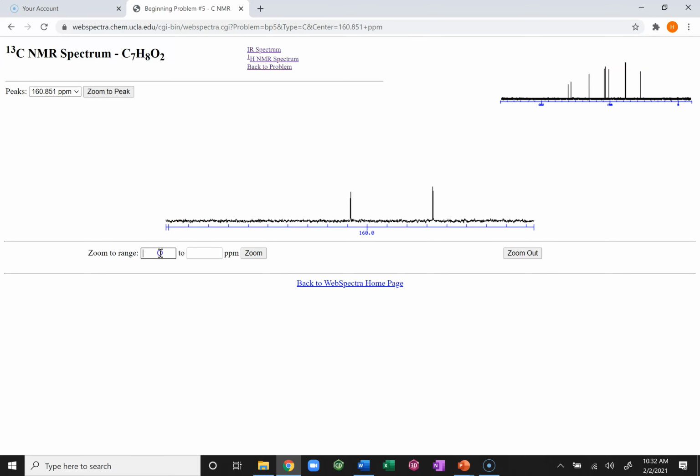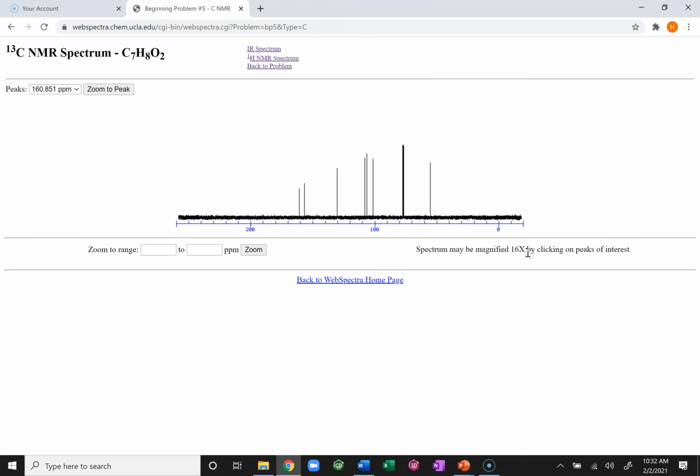Oh, right here. If you do from 95 to 120, I assume that just gives me that range, which is right here, those three peaks. So you can play with this and figure it out.